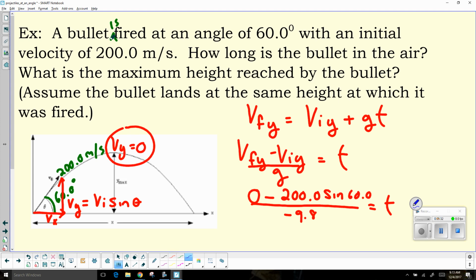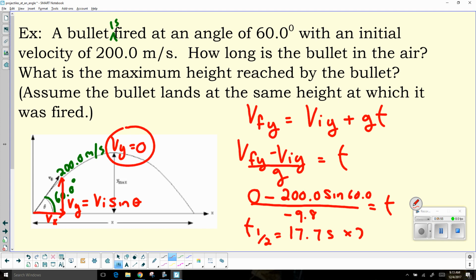So when I do this, I find that I will get negative 200 times the sine of 60, divided by negative 9.8. I get half the time equals 17.7 seconds.